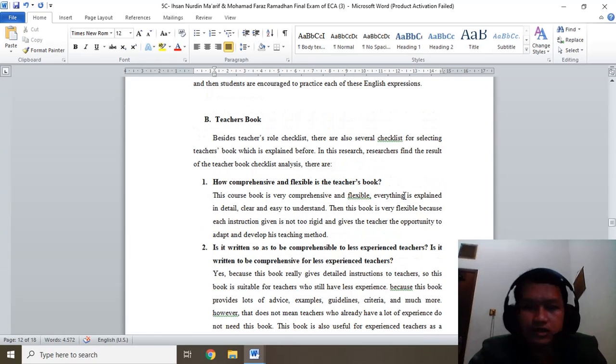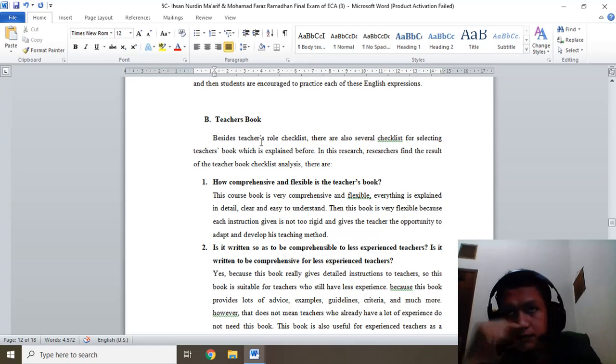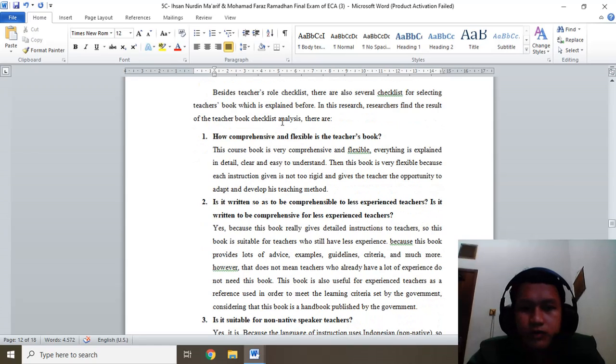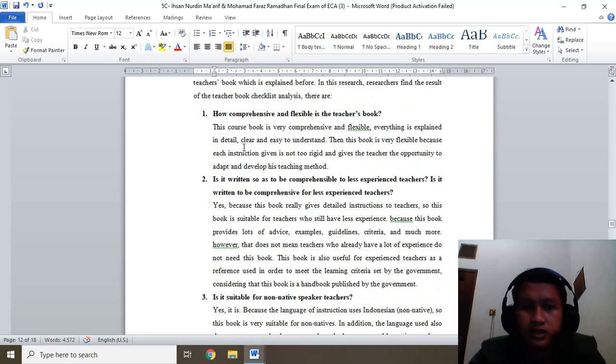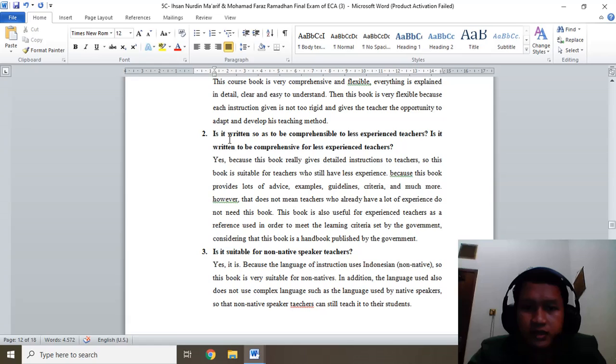And about the teacher's book, there are 19 criteria. There is how comprehensive and flexible is the teacher's book. This book is very comprehensive and flexible. Is it written to be comprehensible to less experienced teachers?